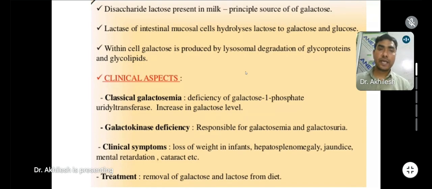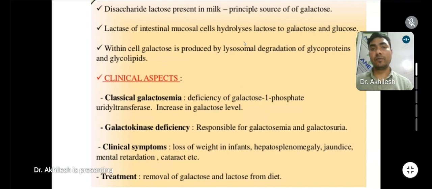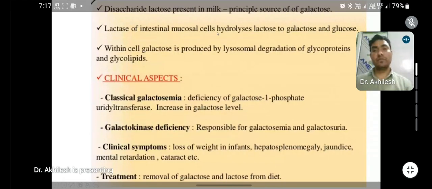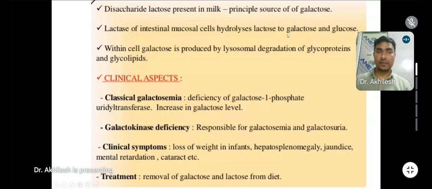Probably they are lacking lactase, either completely lacking this enzyme, or it is truncated, or the gene is not functioning due to other reasons, could be stress, could be some infection. Lactose is a disaccharide present in milk, the principal source of galactose. Intestinal mucosal cells hydrolyze lactose to galactose and glucose, and this galactose is utilized by the pathway I just showed.